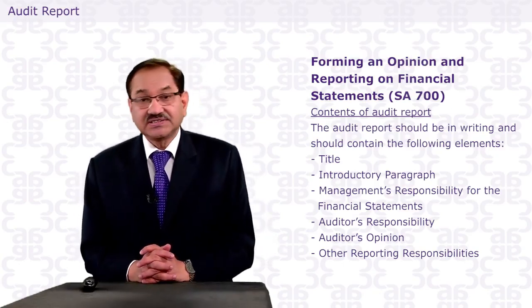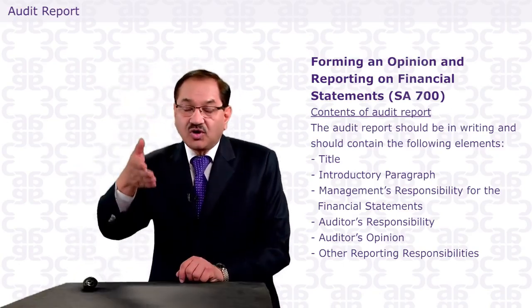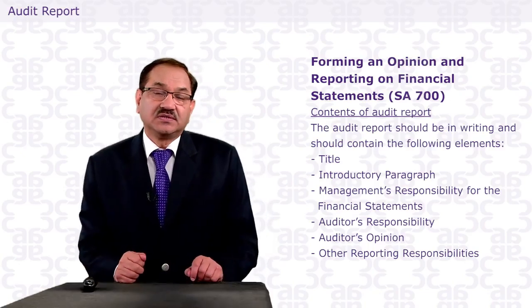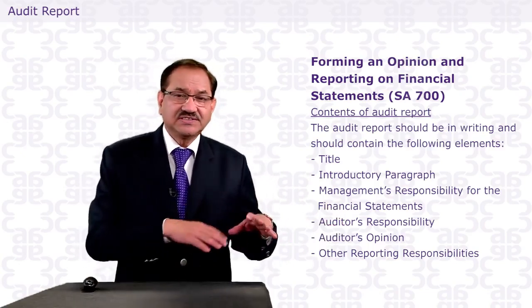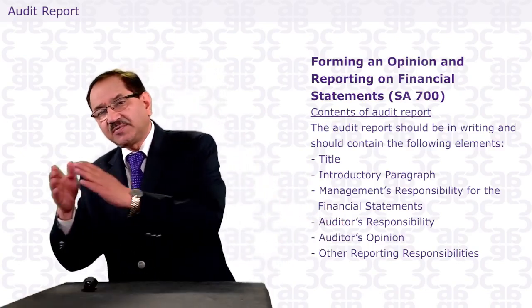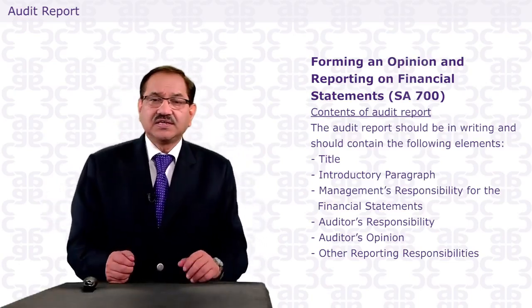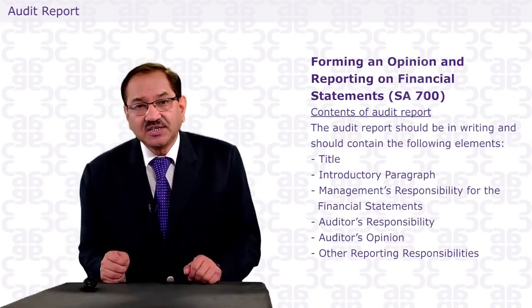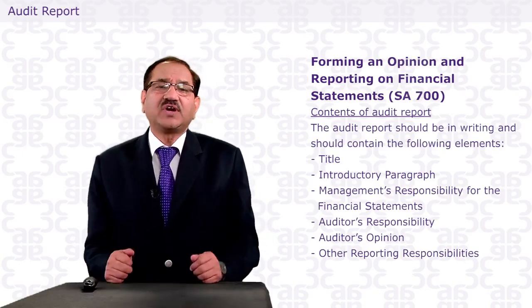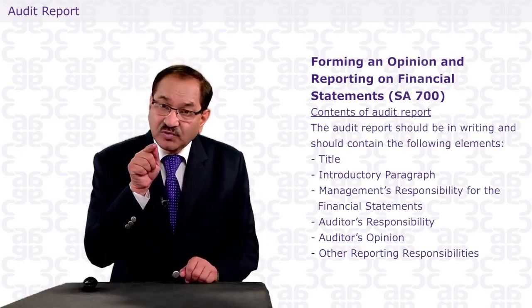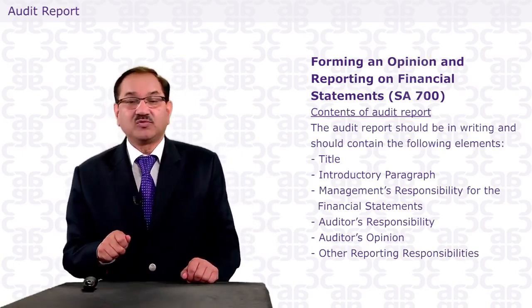At present, there is section 227(3), which says that the auditor has to report on certain points: whether he has obtained all the information, whether these financial statements tally and agree with the books of account maintained, and whether they comply with the accounting standards prescribed under section 211. These are the points where he has to express his opinion as per the Companies Act requirement 227(3).